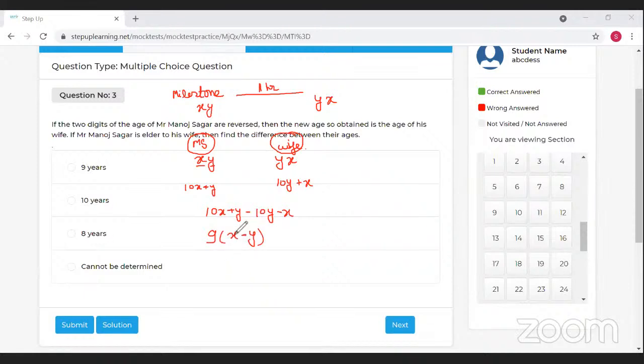So if I take x as, like, the possible value of x could be 4, 5, and similarly the y value could be something else. So there could be multiple answers for this, right? So that's why the answer is cannot be determined. So a very simple one, I can take 54, 45 is possible, right? Then what else? 30, 35, 53 is also possible. Are you getting my point, people?